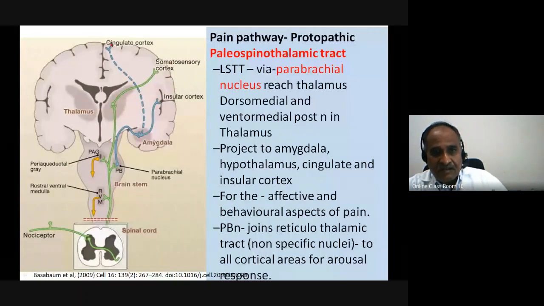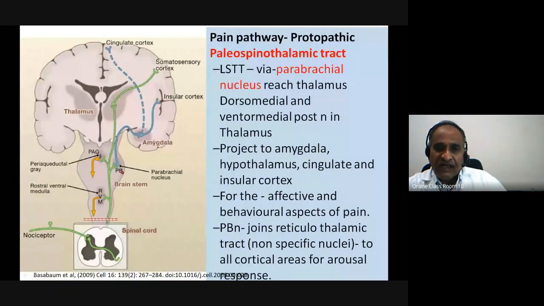Then the behavioral responses in response to the pain are originated by the cingulate cortex and insular cortex through consultation with the prefrontal cortex, and whatever the response is mediated through the hypothalamus or autonomic nervous system.